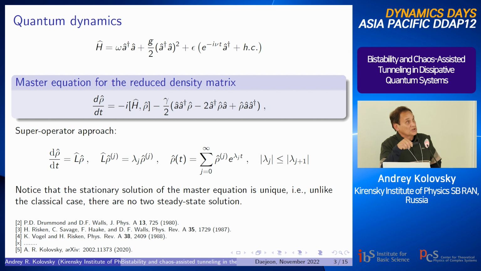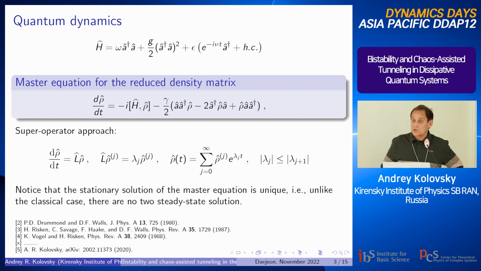Because it is a linear operator, you diagonalize it and find the eigenvectors, let's say eigenmatrices, and eigenvalues.